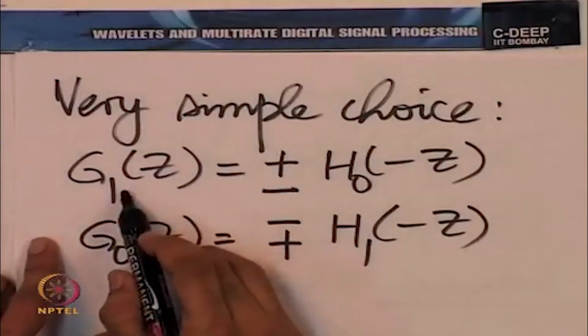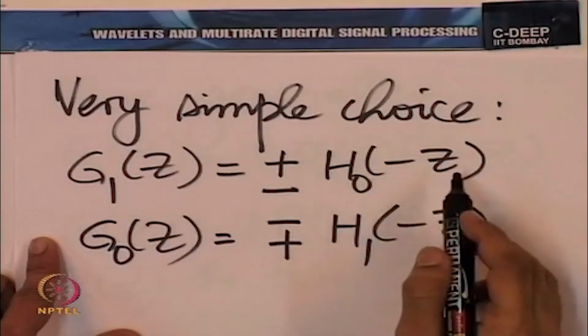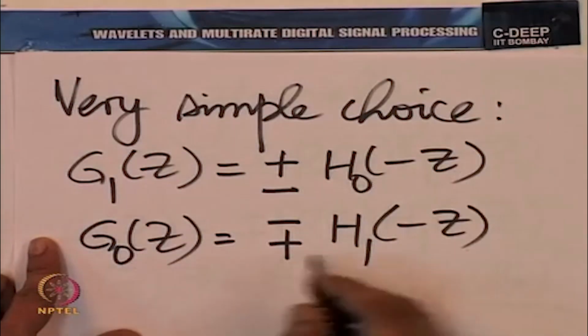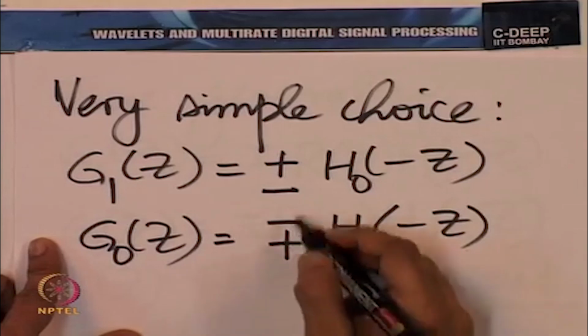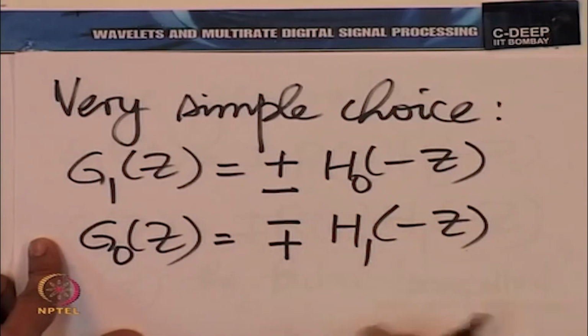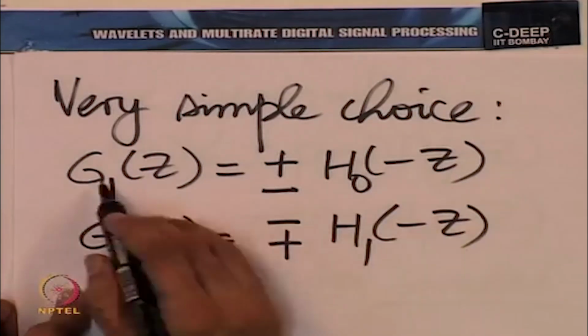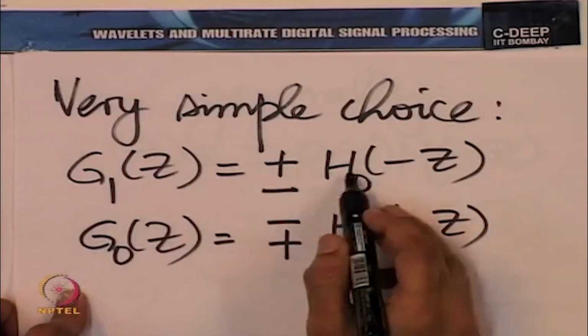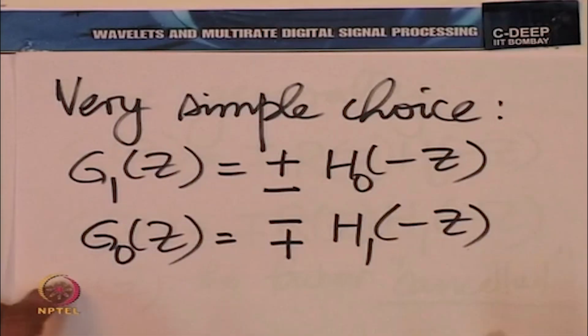Anyway, now let us interpret what we had written here, namely g 1 z. This is a very simple choice: g 1 is h 0 of minus z and g 0 is plus or minus, you just interchange plus or minus here, h 1 of minus z. So, let us take the upper one, g 1 z is h 0 minus z, the other one follows similarly.